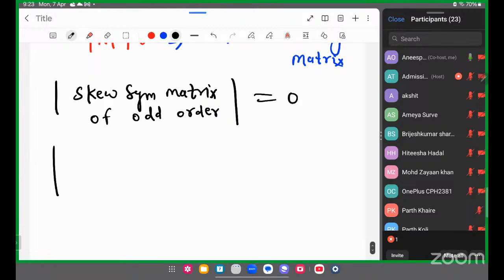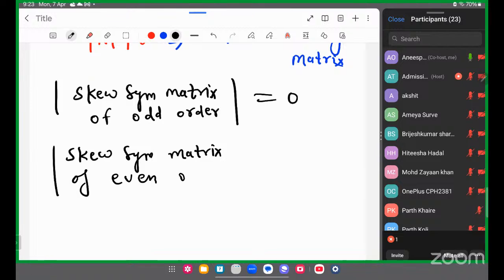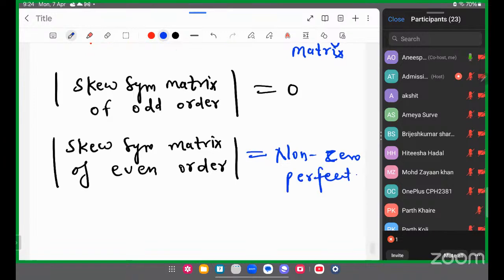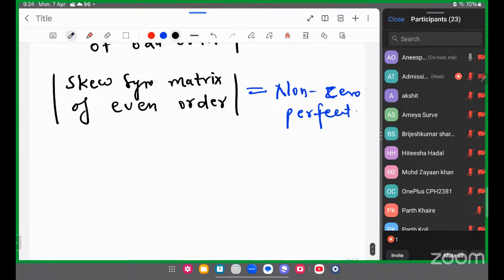Determinant of a skew symmetric matrix of even order is not 0. It may be any number. And this number has a special property, that is, this will be a non-zero perfect square. Understood or any doubt?